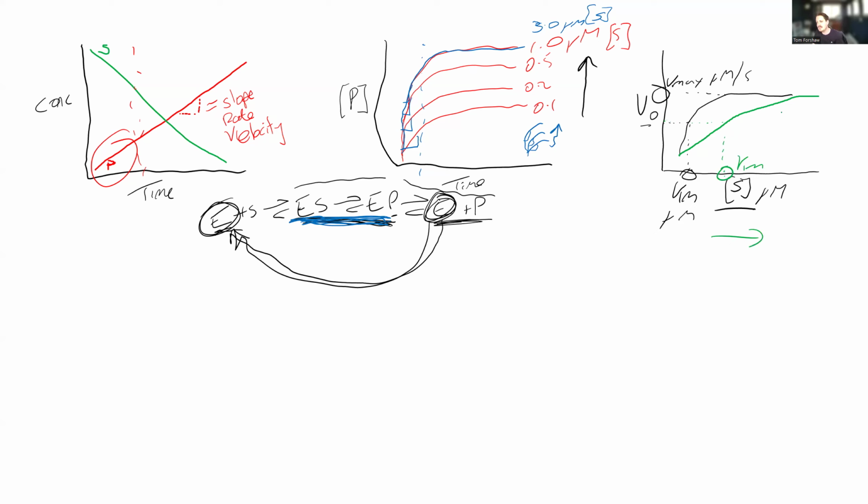Notice that it's less steep. That's saying that it's less efficient. It requires more in order to get it going. And so a bigger Km, a higher concentration, reflects that it's a less efficient fuel.